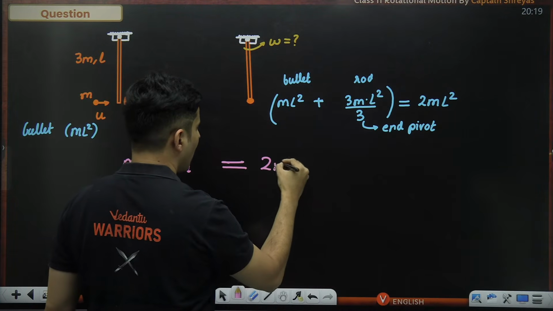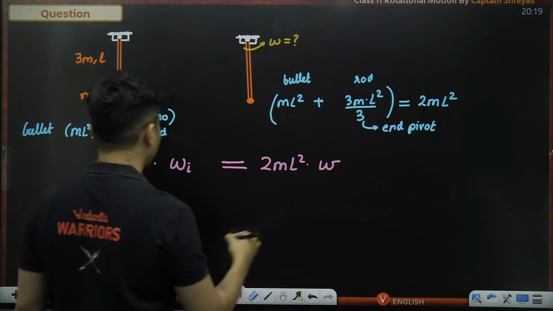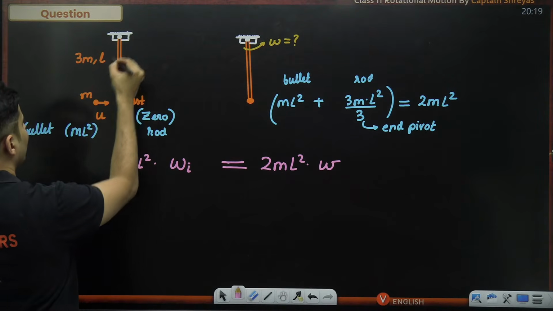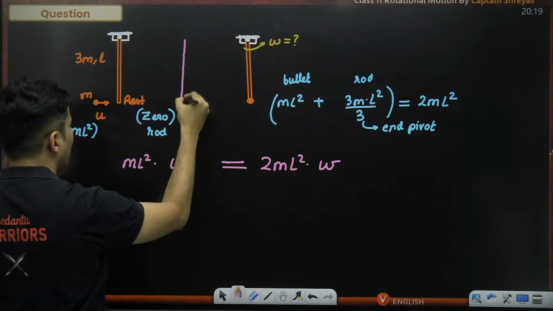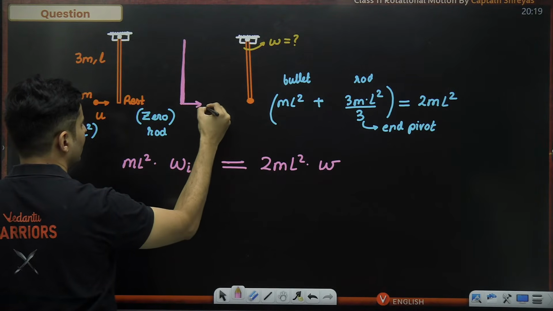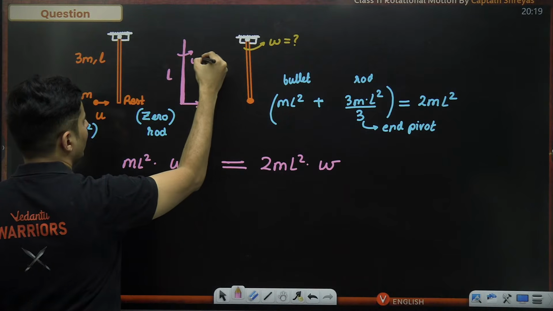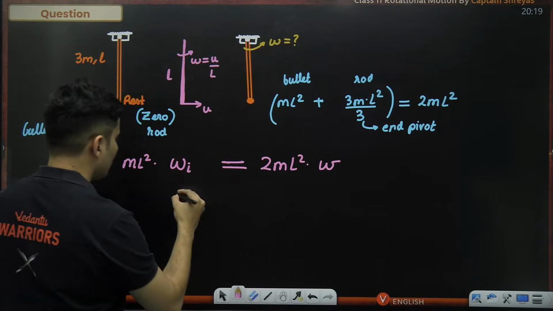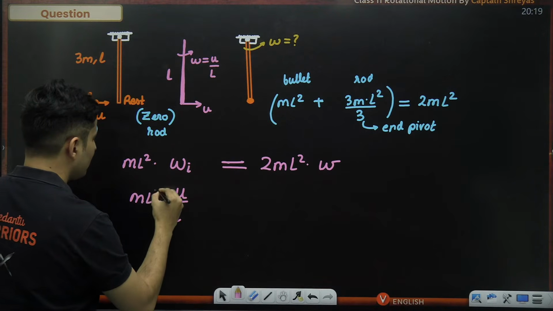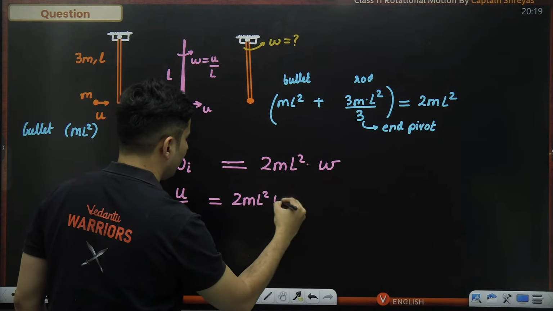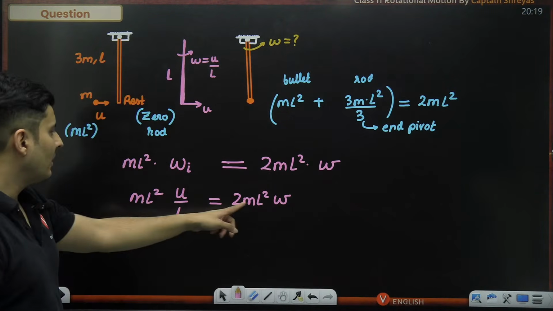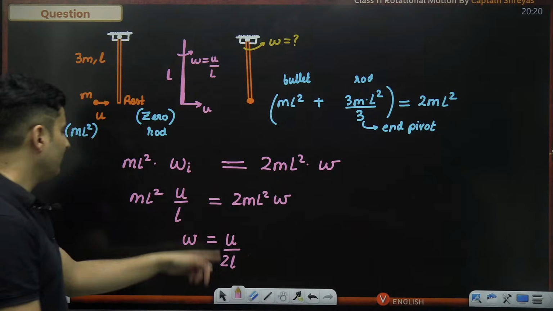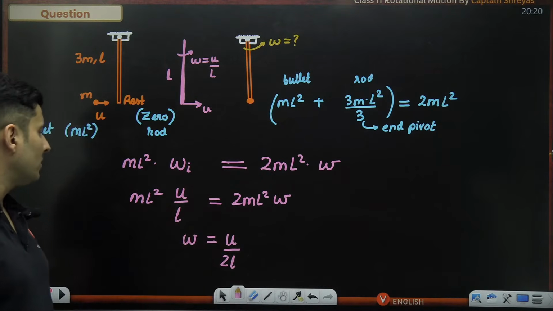Finally, it is 2mL square into final omega. For the bullet going at a distance of L, the initial omega will be U divided by L, because U will be omega L. So U divided by L into mL square is equal to 2mL square multiplied by omega finally. mL square will cancel, so omega will be U divided by 2L. So we have got the answer.